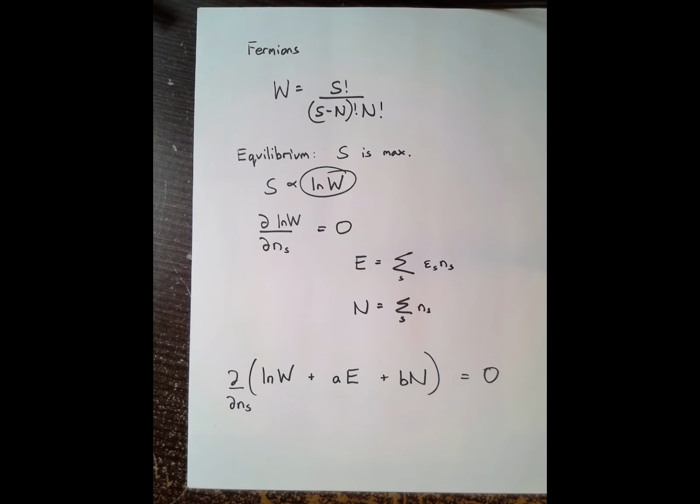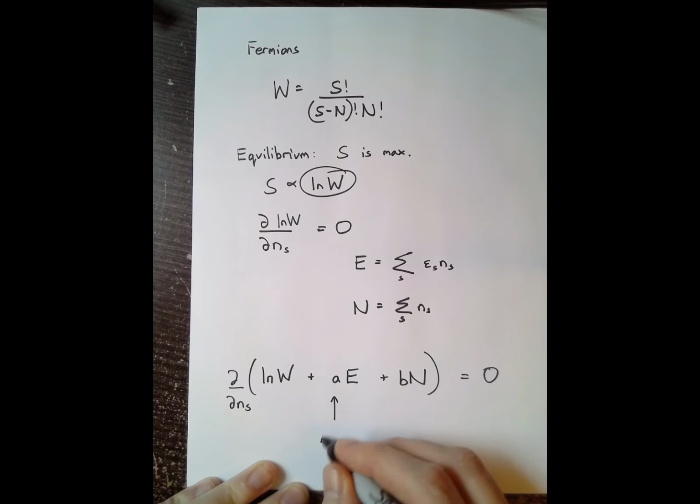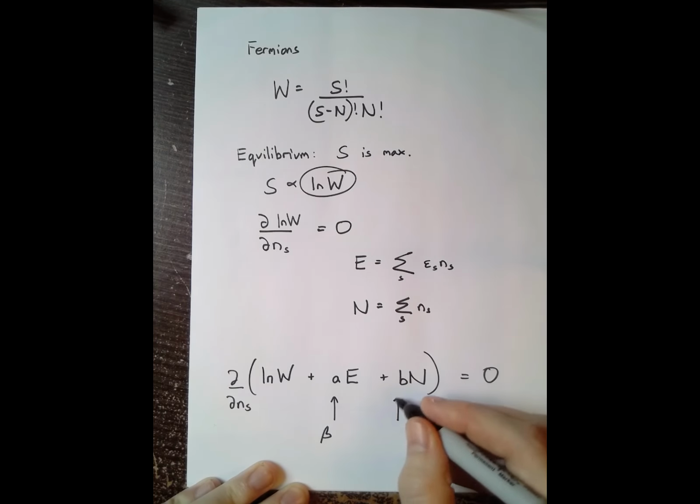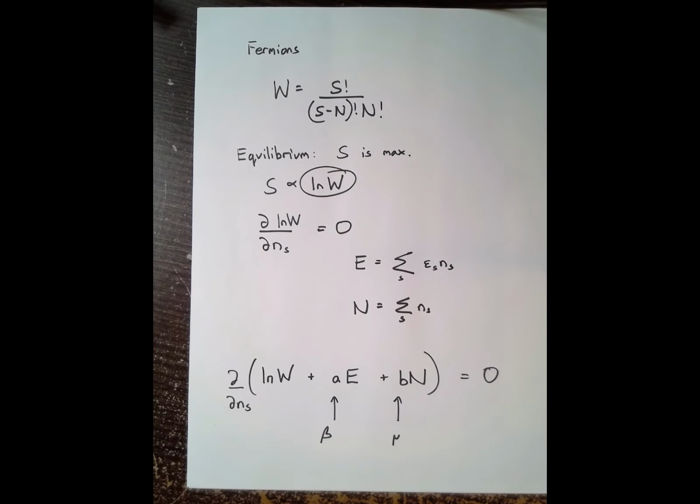Comparing it to the macroscopic form of the free energy will tell you that this constant here is just beta, 1 over kT, and this constant here is the chemical potential. Those are the steps that you would go through. I'm not going to do that now because I want to use the partition function and illustrate how we can get to the distribution functions using the partition function.